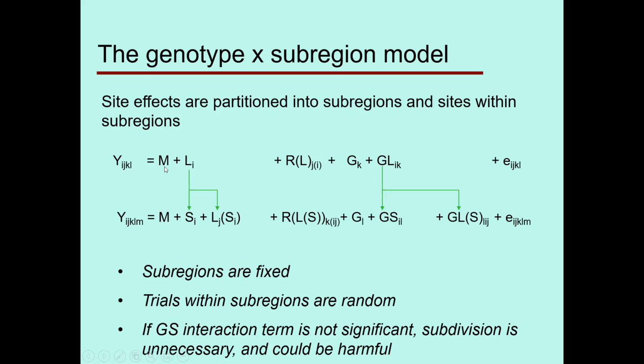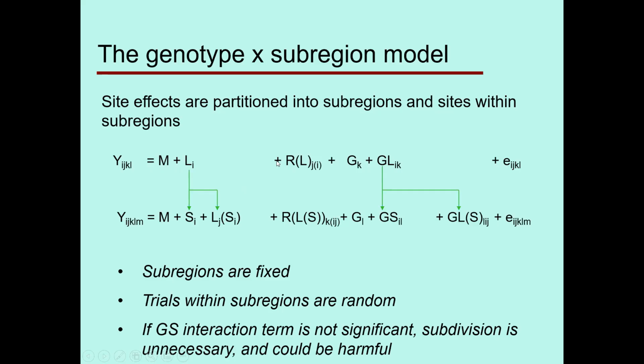But you can extend it to a trial series conducted over years and locations. That describes the yield of a plot as the mean of the whole series plus a location effect, a rep within location effect, a genotype effect, genotype by location effect, and plot error.